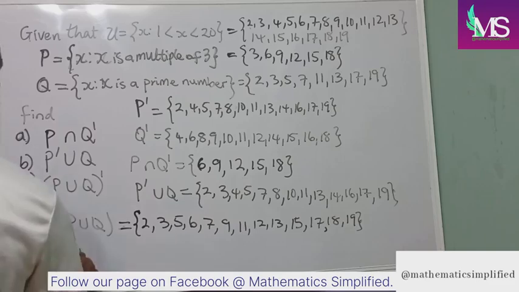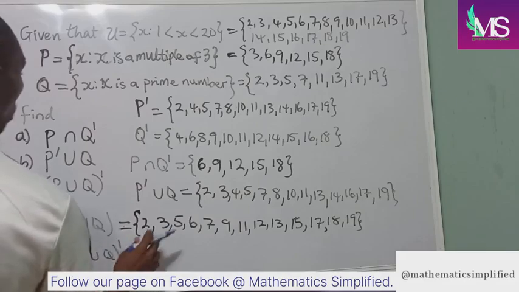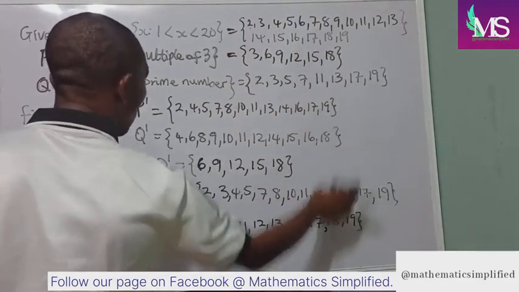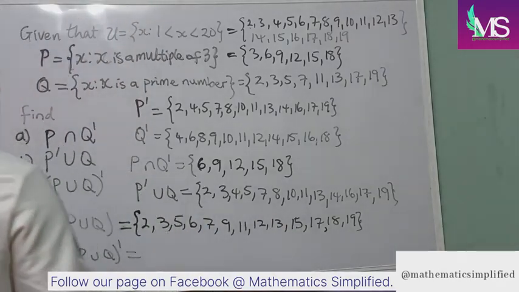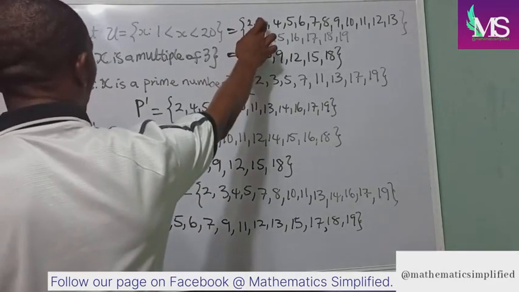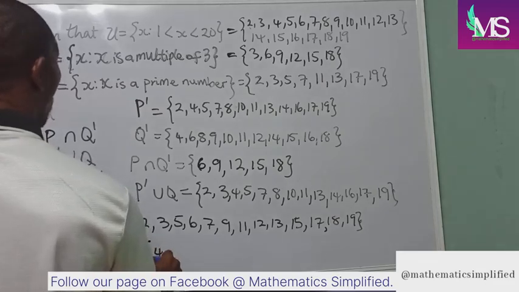So our P union Q prime will become what is in your universal set that is not here. Now P union Q prime will become, we have 2, 3, so our first number will become 4.